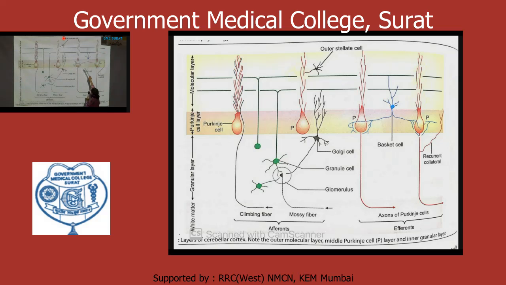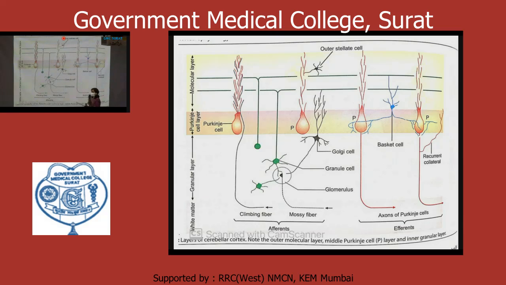The output of the Purkinje cells is through the axon to the deep nucleus, the majority of it going to the dentate nucleus. Always remember, the output of the Purkinje cell is always inhibitory.